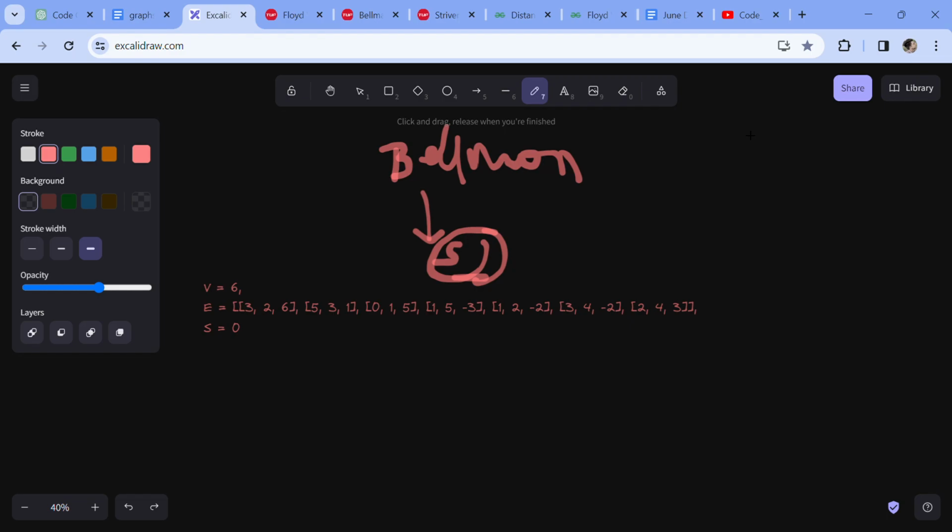So here comes the Bellman-Ford algorithm, which works fine with negative edges. If we get a negative weight edge, we can still find the minimum distance. The first advantage is that we can apply this algorithm with negative edges, and the second advantage is that we can detect a negative cycle with the help of this Bellman-Ford algorithm.